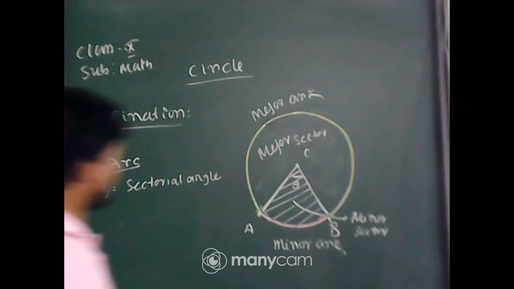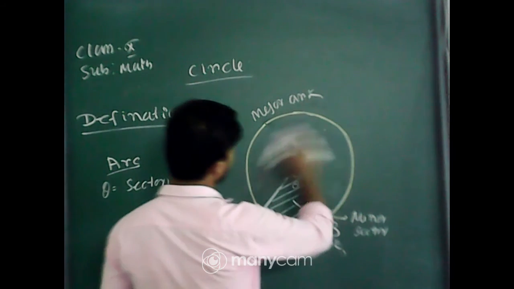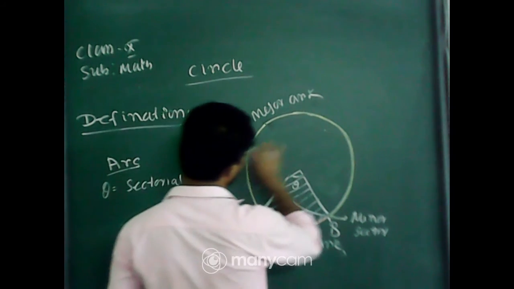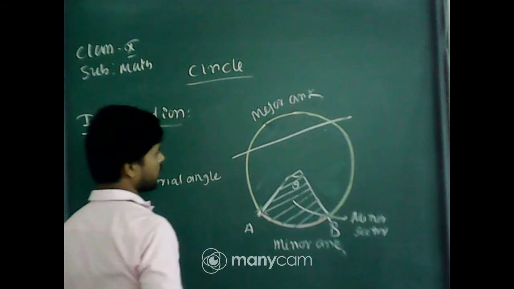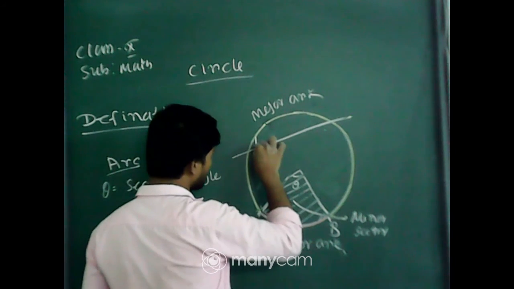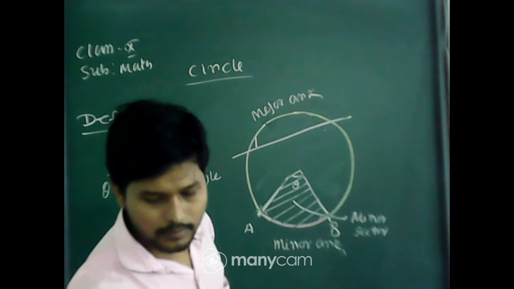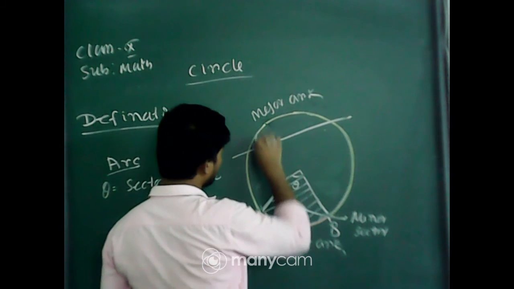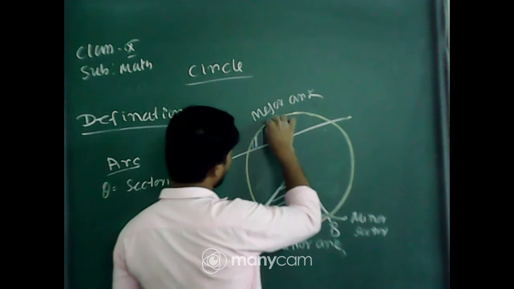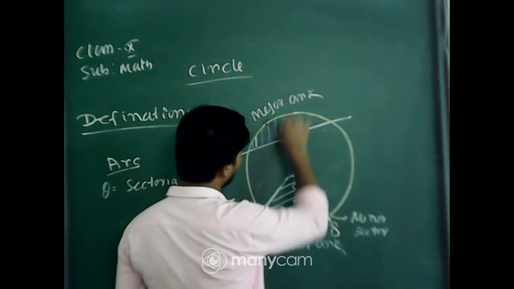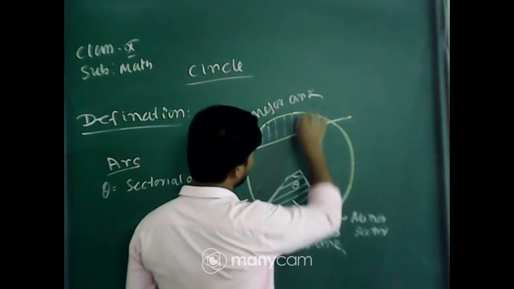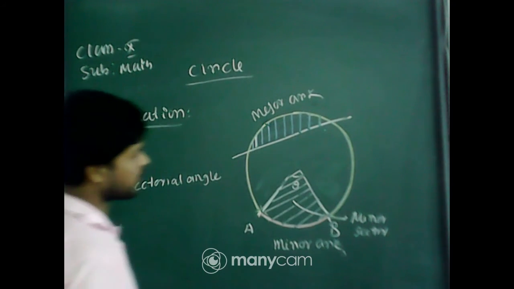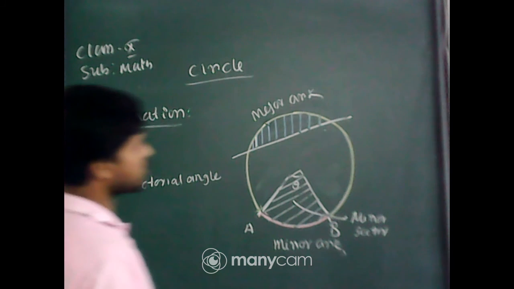Okay, and one more thing. Suppose let us draw a line. So what is this portion called? This portion, the area of the circle bounded by any chord and the corresponding circumference of the circle, is called a segment.